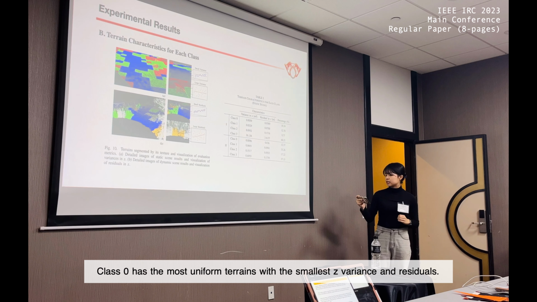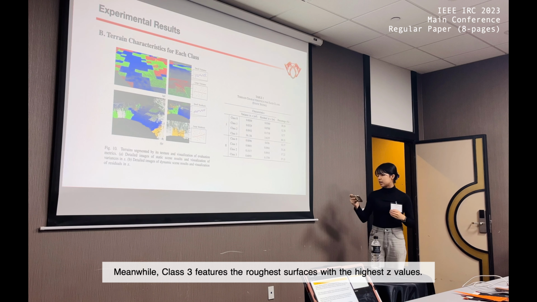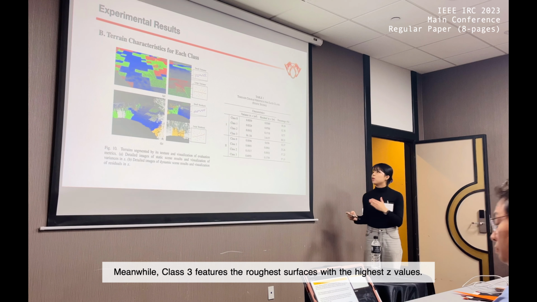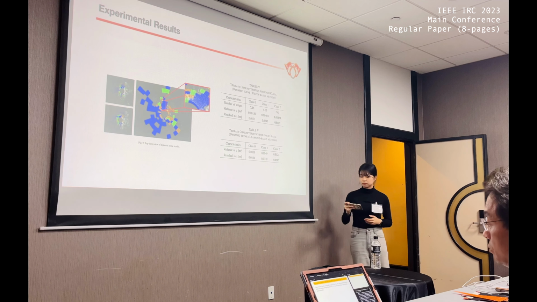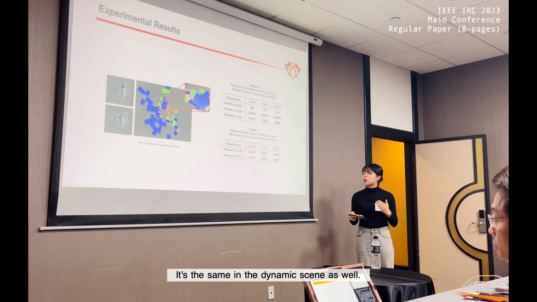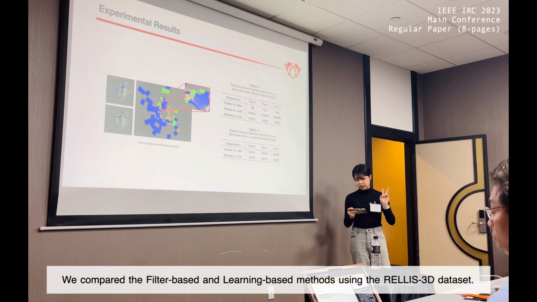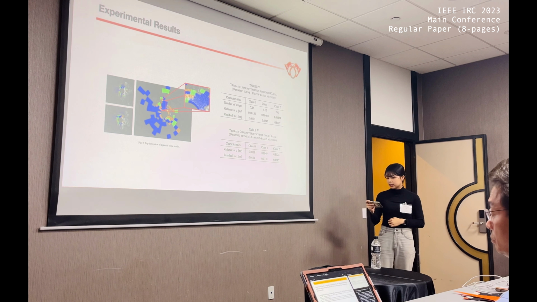Class 0 has the most uniform terrains with the smallest Z variances and residuals. Meanwhile, class 3 features the roughest surfaces, with the highest Z values. It is the same in the dynamic scene as well. And we compare the filter-based methods and learning-based methods using the Rellis dataset.